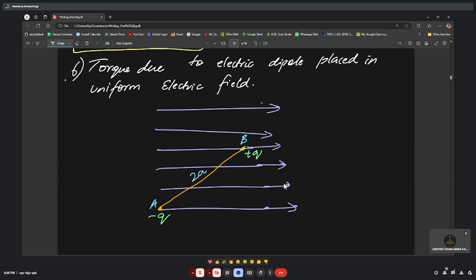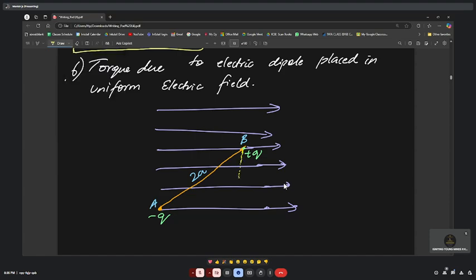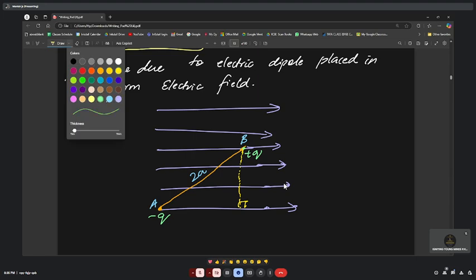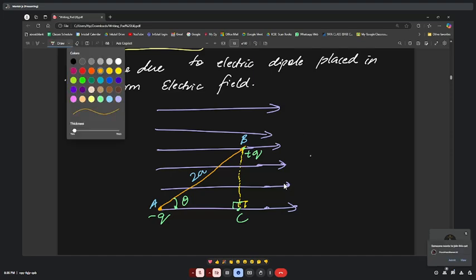Now I am going to drop a perpendicular from point B as shown, such that it makes an angle of 90 degrees at this point. I will call this point C. You can see there is a right angle triangle ABC formed here, and the angle that the dipole axis 2a makes with the electric field, we will call angle theta.